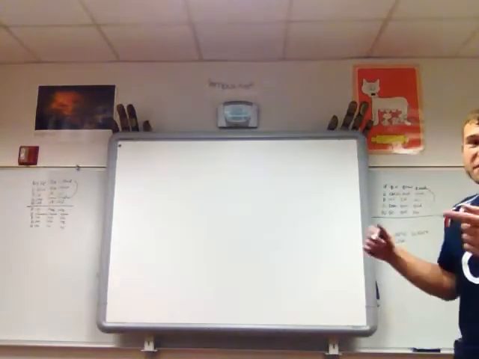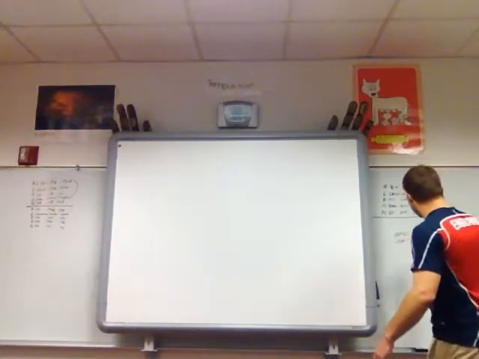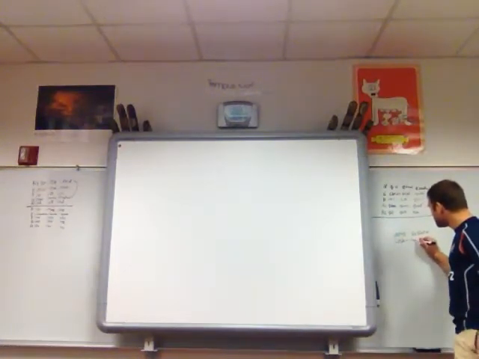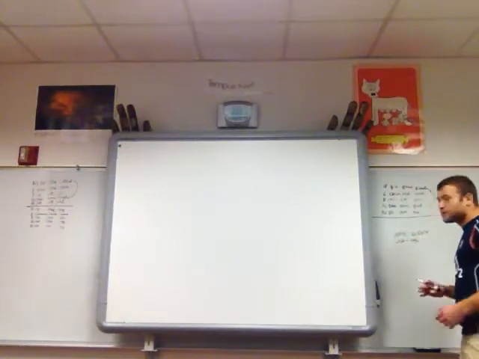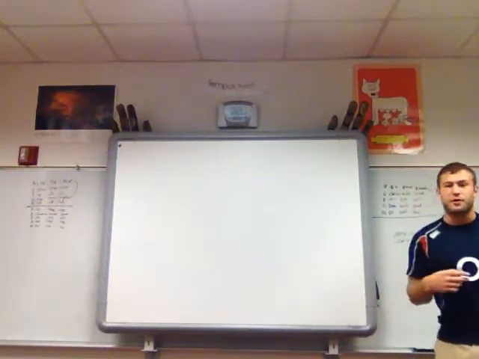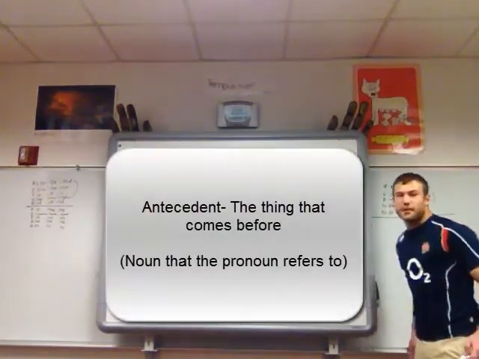So cato means to go. Discato means to go away. If ante means before, and cato means to go, the antecedent is the thing that comes before. So the antecedent for a pronoun is the noun it's talking about.